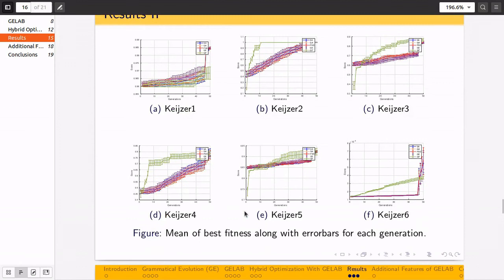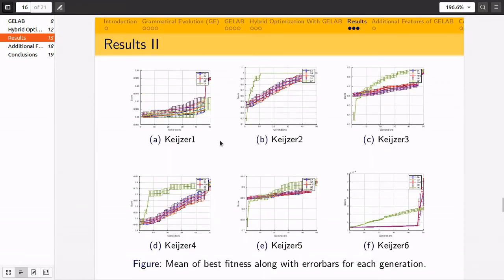So here are the results over the training data, and here in the green error bars we have compared various variants of GE with genetic programming. The green error bars are of genetic programming, which was run using GELAB, which is a tool proposed by Sara Silva, whereas the rest of the error bars are those of various flavors of grammatical evolution.